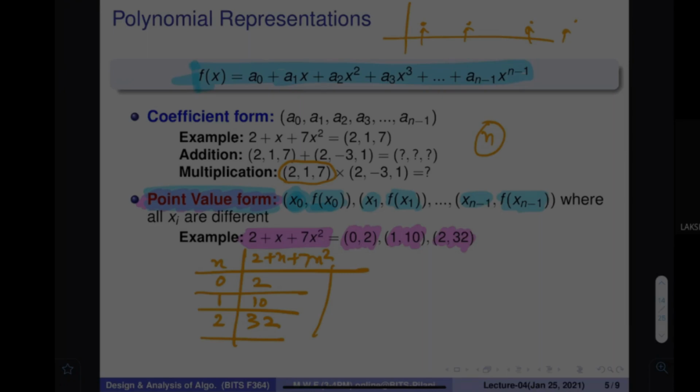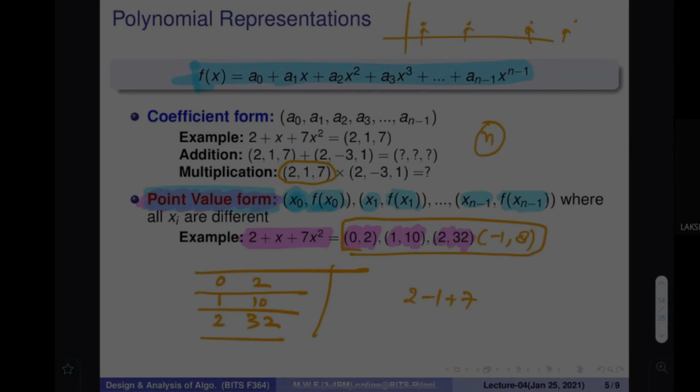If I add one more value, for example -1, what is the value? Can you tell me? At -1 it is 2 minus 1 plus 7, so it is 8. If I increase the number of points, does the polynomial change?